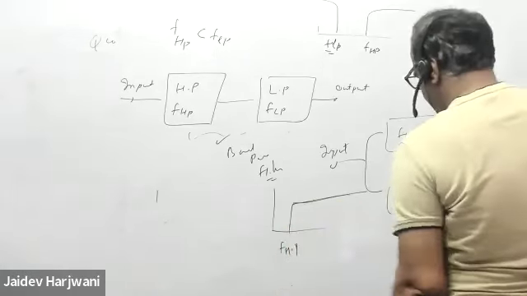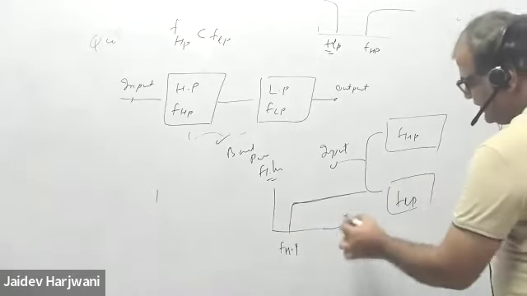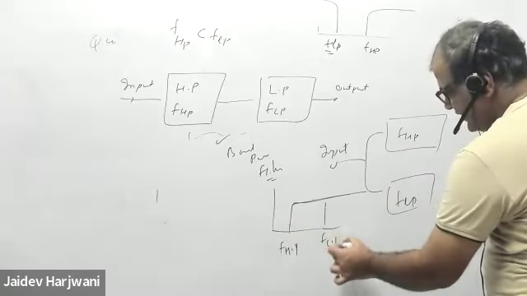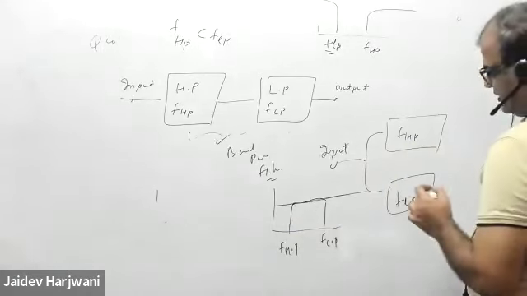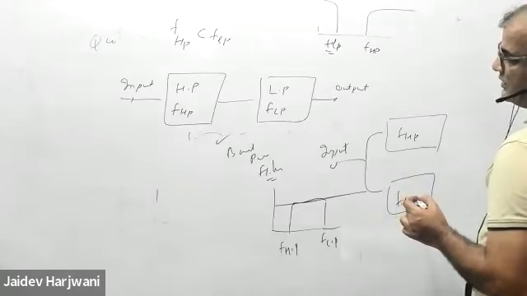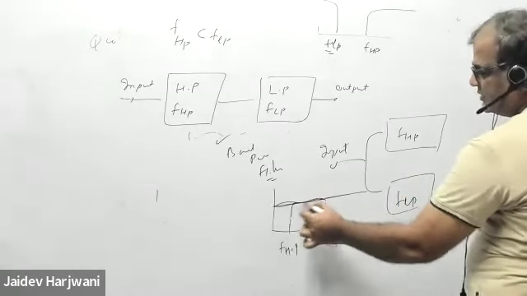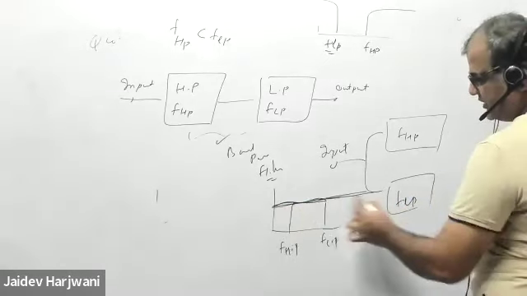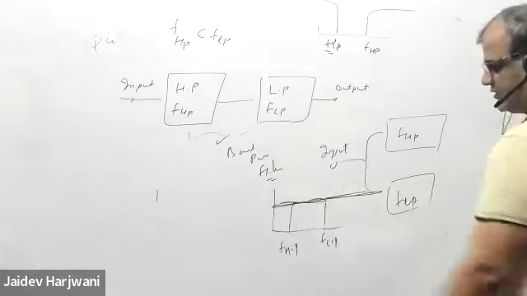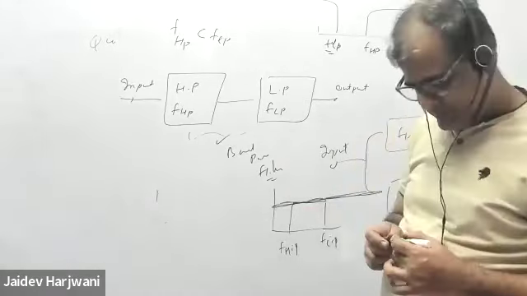FLP is greater than FHP, so all signals less than FLP will pass. This will pass all this signal, and this will pass all this signal. So this is a no loss filter. This is an all pass filter.